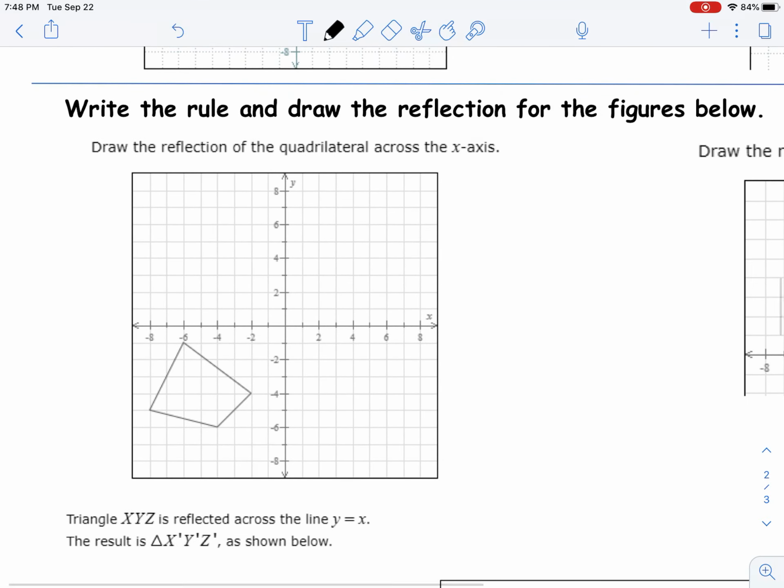Write the rule and draw the reflection. So the reflection here is pretty easy to draw. I'm just going to go quickly with this one though. So it should be, oh, we're going across the x-axis. I'm sorry, I was going across the y-axis. So the x-axis would be here.